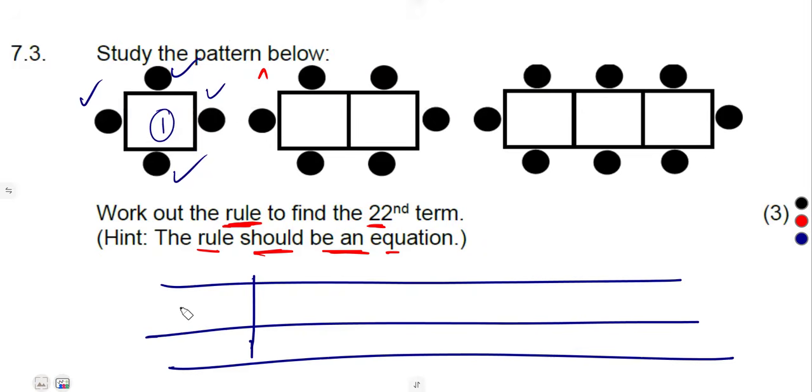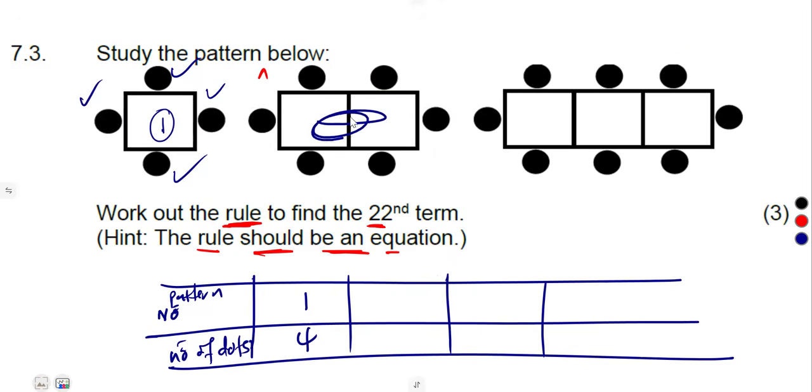So you can work with that concept, or you can work with the number of tables. So that is our pattern number or number of tables. All right, our pattern number. Then the number of dots that are corresponding. For pattern number 1, how many dots do we have? There are 4.